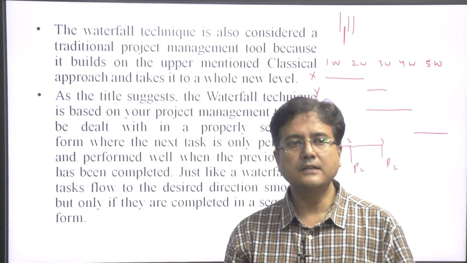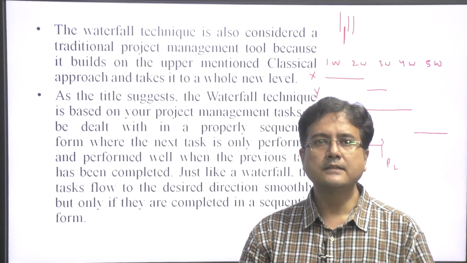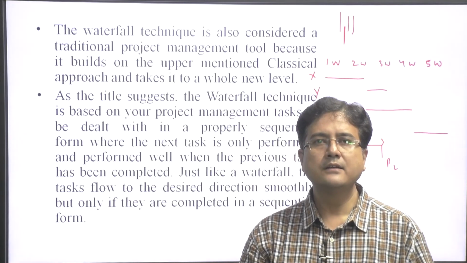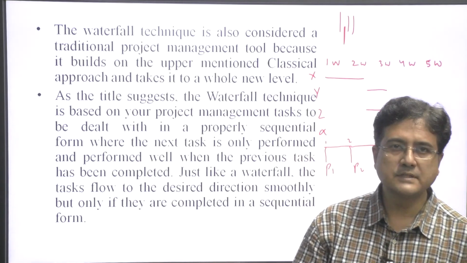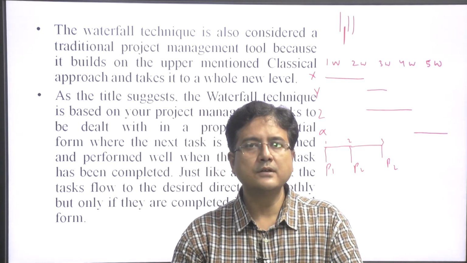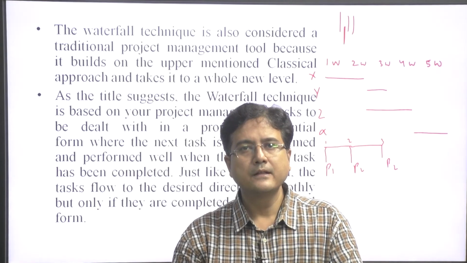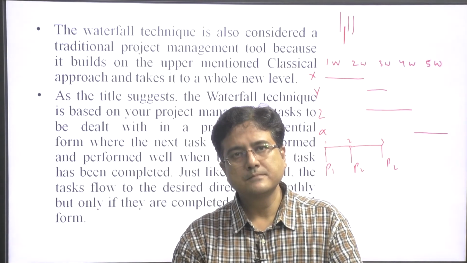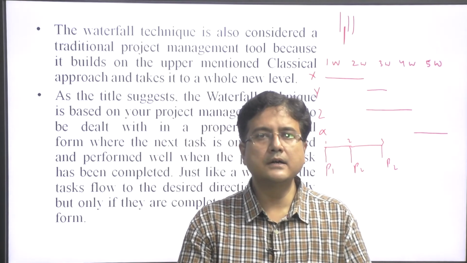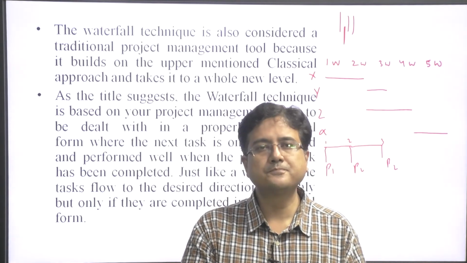Like in the figure we saw, from week 1 to week 2 is x, then week 2 to week 3 is y. Similarly, z starts parallel with week 2 and completes at week 4, and alpha starts at week 4 at the end of z, sequentially, one by one. It is very easy to control and analyze these kinds of tools.